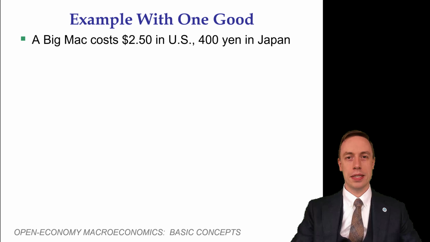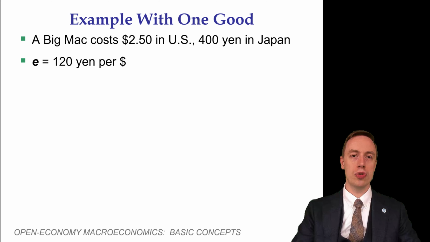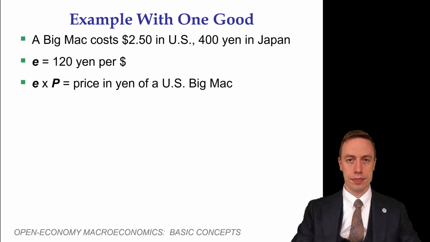At the same time, let's say the nominal exchange rate between these countries is 120 yen per US dollar. The formula of the real exchange rate lets us determine where, once adjusted for the exchange rate, this Big Mac is more expensive.